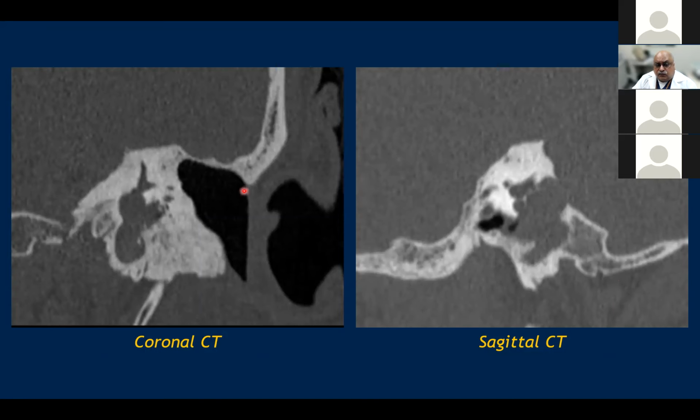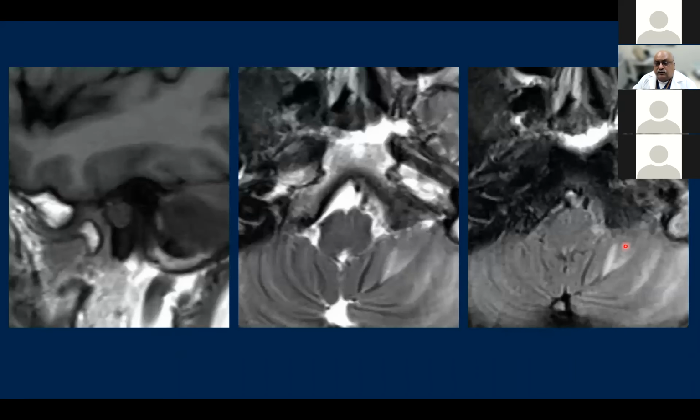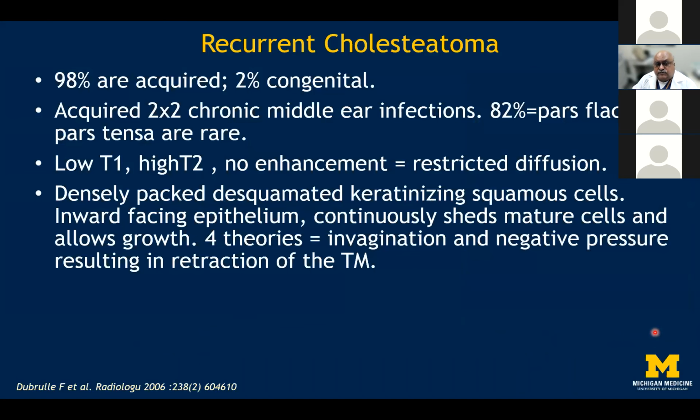The clue here was the mastoid cavity here, and this was the impeded diffusion seen in the material contained within the petrous bone, and this was showing minimal enhancement here on the post-contrast images. So these were recurrent cholesteatoma in this patient.